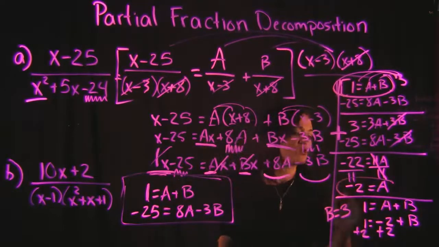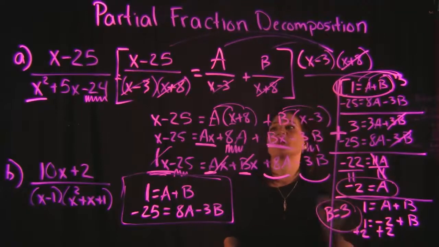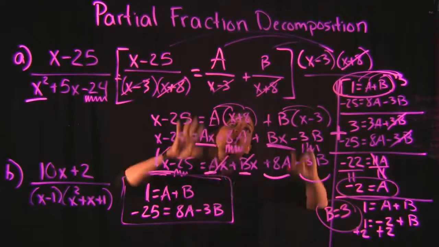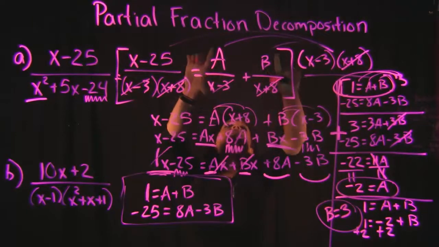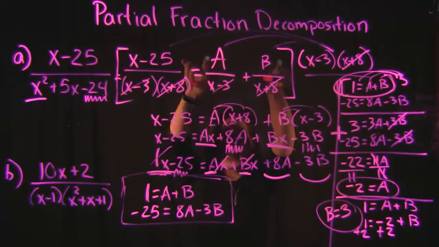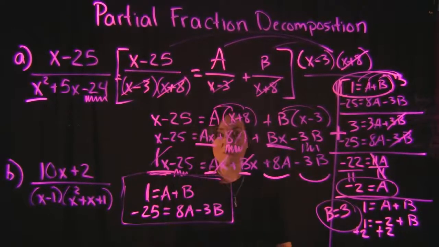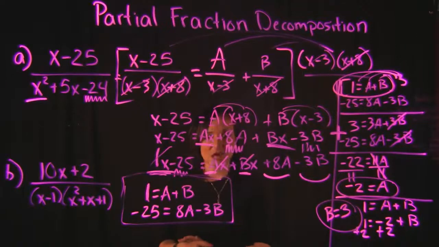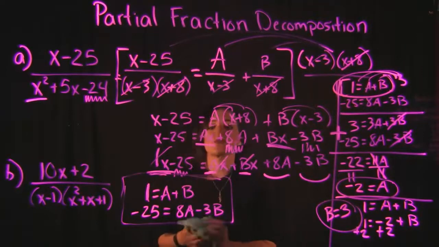So now that we know the value of a and the value of b, we can go back and input them into our fractions here, which will give us our final partial fraction decomposition for this problem.